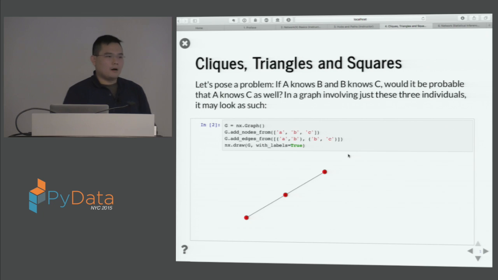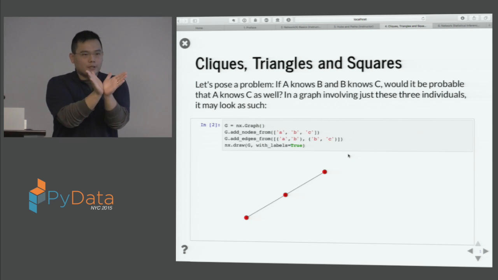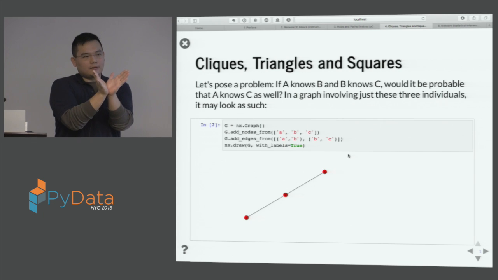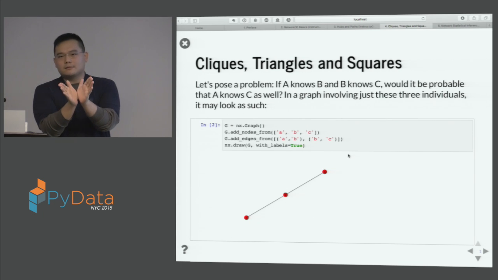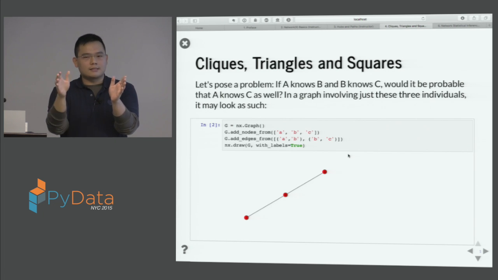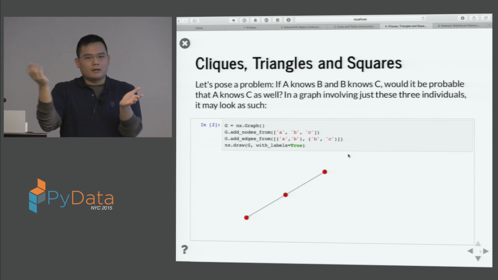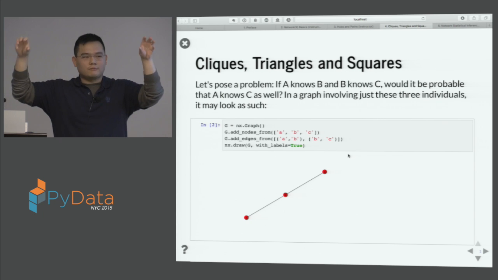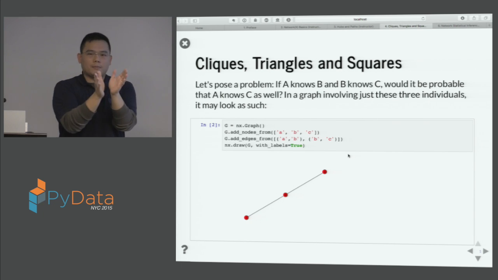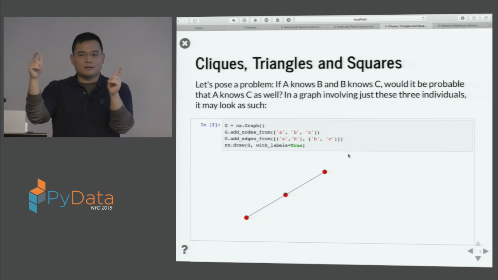So this really stems from the problem, and sorry, let me backtrack a little bit. If you have an open triangle, that actually forms business opportunities as well. So if A knows B and A knows C, is it likely that B also knows C, right? If you combine this knowledge of the network structure with other metadata, like the demographic information of B and C, you can put a probability distribution on whether to recommend B to connect with C on LinkedIn.